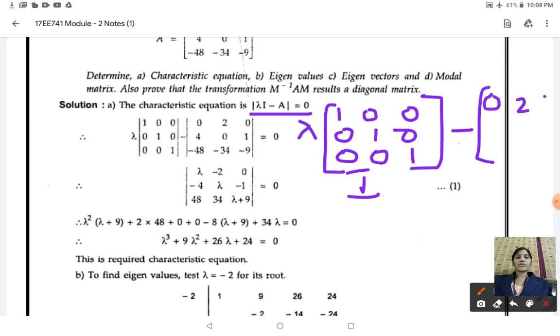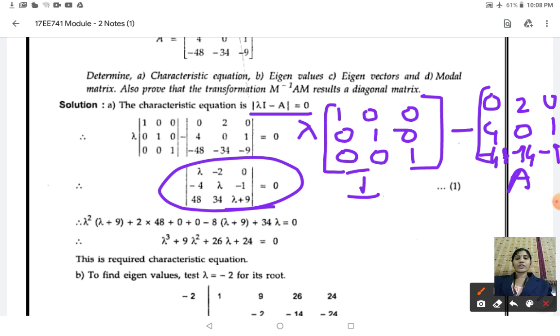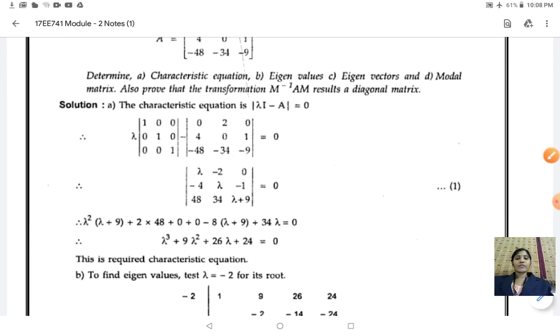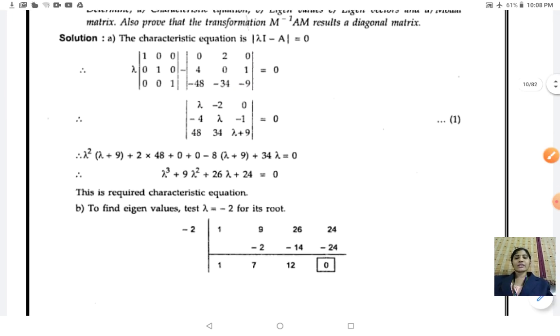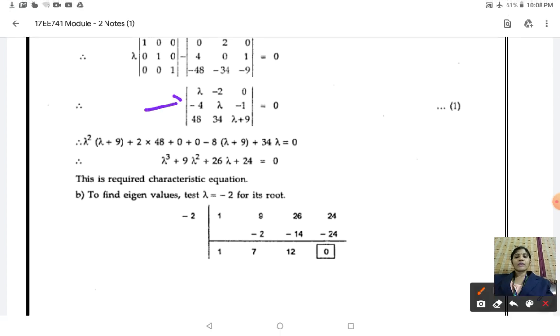It is [0, 2, 0; 4, 0, 1; -48, -34, -9]. So it is your λI minus A. After solving this, you are going to get this particular matrix.